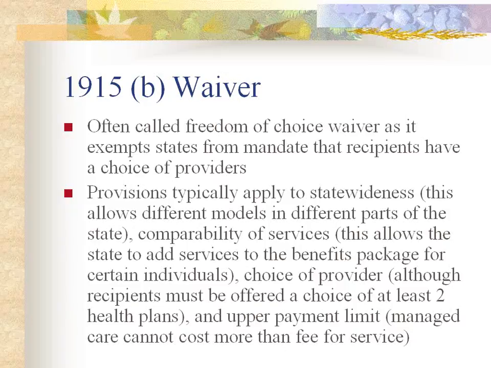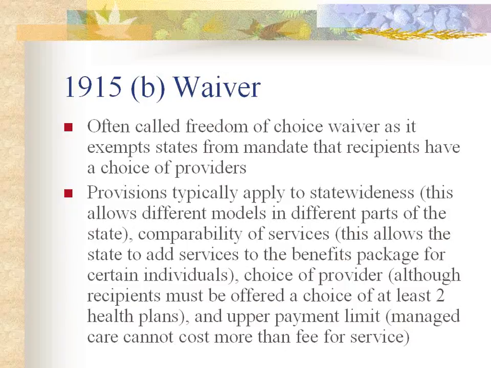Now, if you want to start to enroll people in Medi-Cal managed care, you take away some of their choice. So in order to be able to have a managed care plan, you have to ask for a waiver for that rule related to freedom of choice.